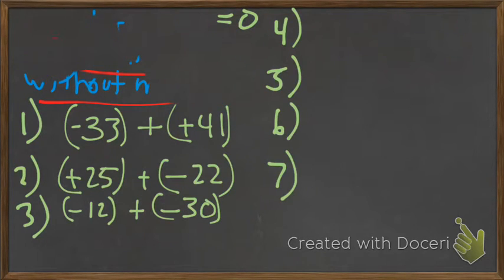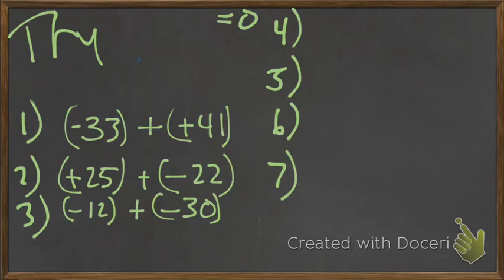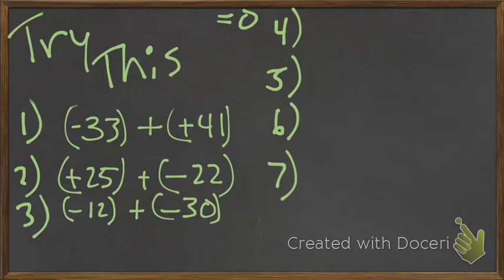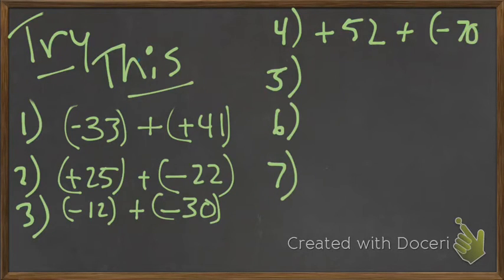So we don't forget, I'm going to write that this is our try this. Try this. Done and done. Now, I've got a couple numbers left here, so I'm just going to think about what I can write here. Let's go positive 52 plus negative 70. Let's try negative, forgot my brackets.